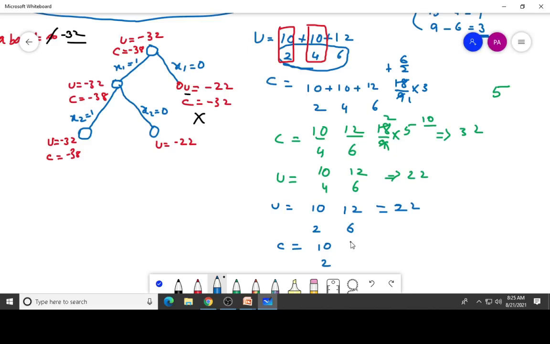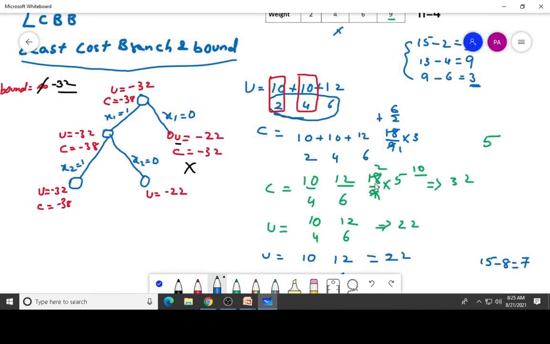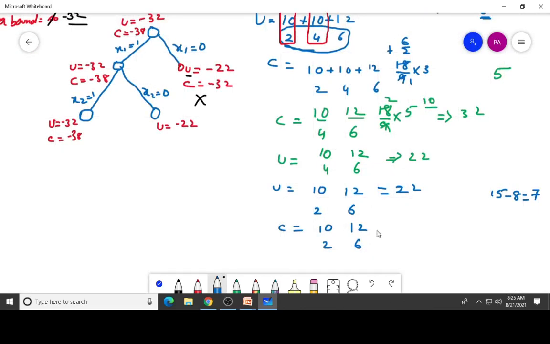First item we added, third item we added, fourth item. What is the remaining? 15 minus 8. So what is the remaining size for the 15 minus 8? The remaining is 7.